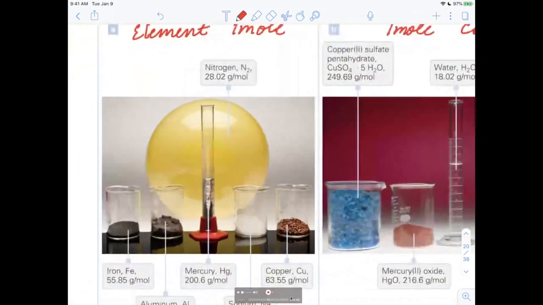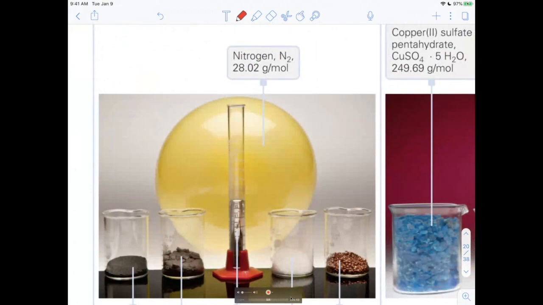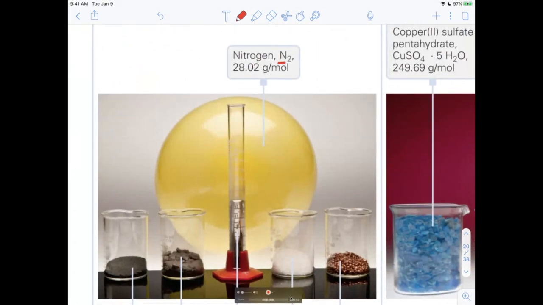We have, drum roll, nitrogen gas. Remember, nitrogen is part of the Brinkerhoff family. So by itself it is N2 and it's a gas. So it takes about 28 grams of nitrogen to make 1 mole.